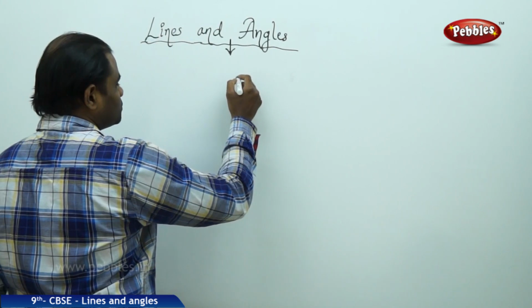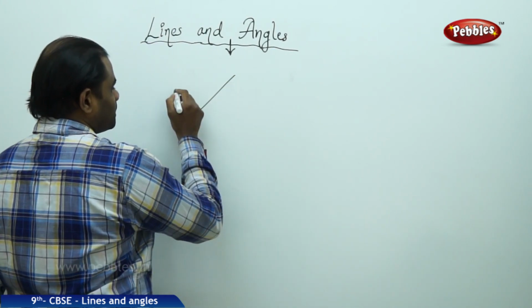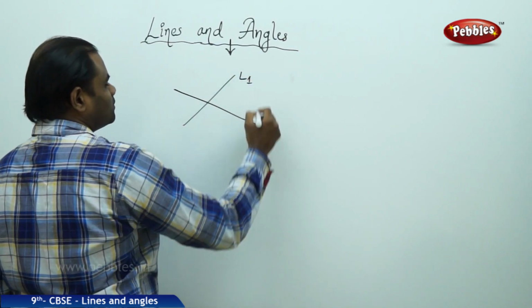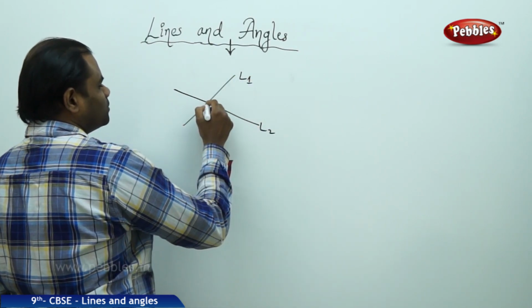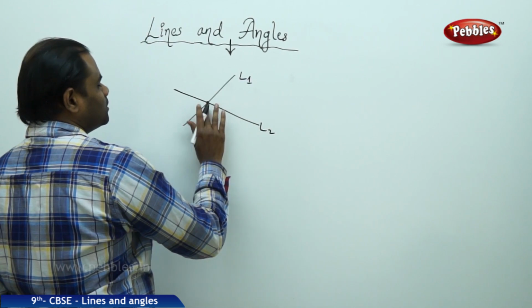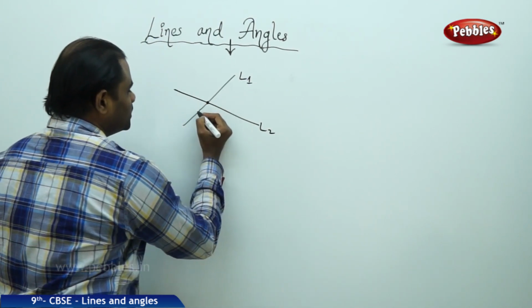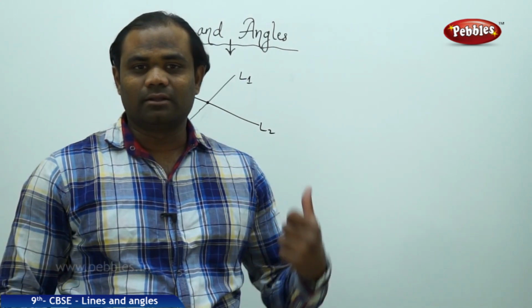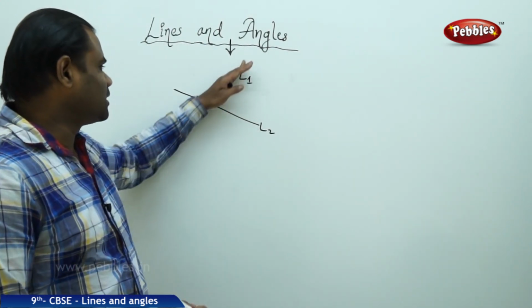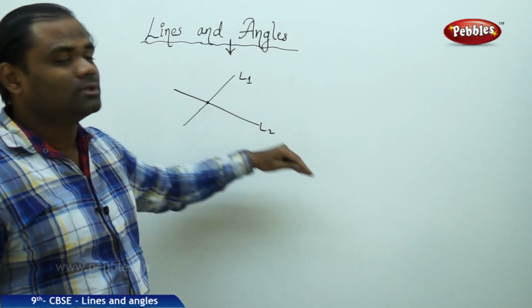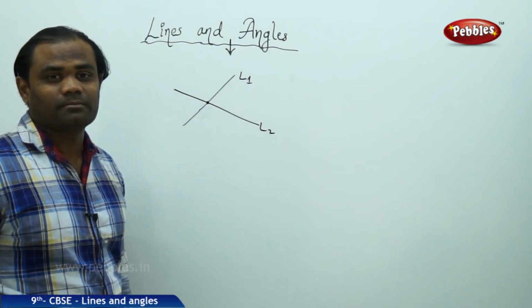Imagine I have two lines which are intersecting, the line L1 and the line L2 intersecting at this point. Now my question here is, what is an angle? How many possible angles are existing when these two lines L1 and L2 are intersecting at a point P?